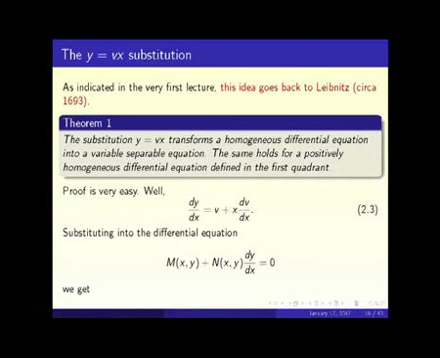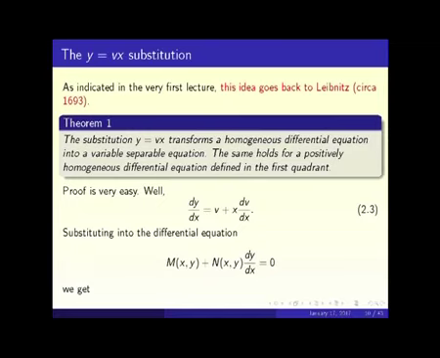So, Theorem 1: the substitution y equal to Vx transforms a homogeneous differential equation into a variable separable equation. That's the reason why homogeneous equations are nice, because through a very simple substitution you can reduce it to a variable separable equation. The same holds also for a positively homogeneous equation, as long as we stick to the first quadrant. Let's look at the proof.